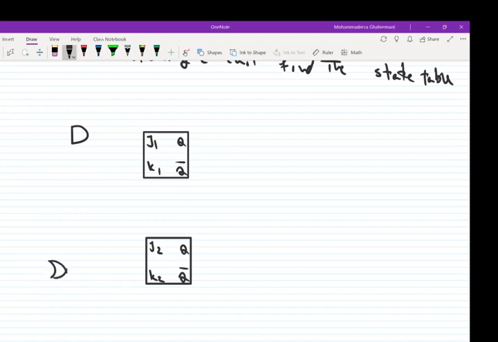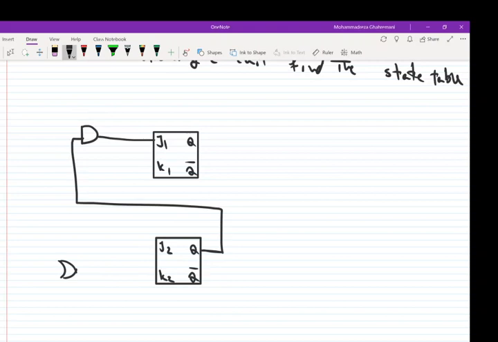The AND gate is connected to J1, and the other input of the AND gate is coming from Q of the second JK flip-flop. So it's here. The first input of the AND gate is coming from input X.